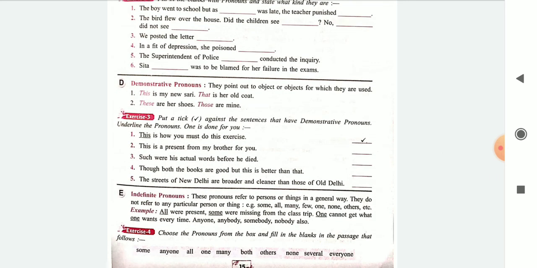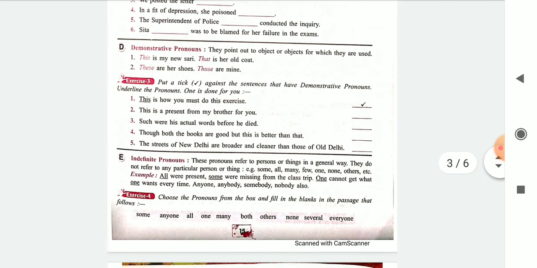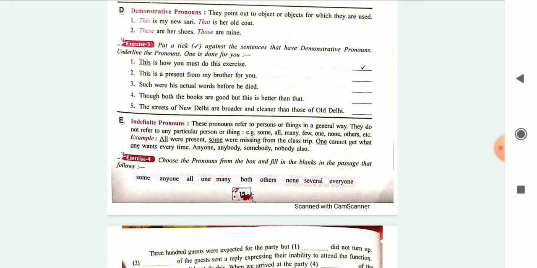Then you have indefinite pronouns. What do we mean by indefinite? See, the word itself suggests it is not definite. What do we mean by not definite? Definite is when you know exactly the number. I know there are exactly 49 students in my class. That's a definite number.